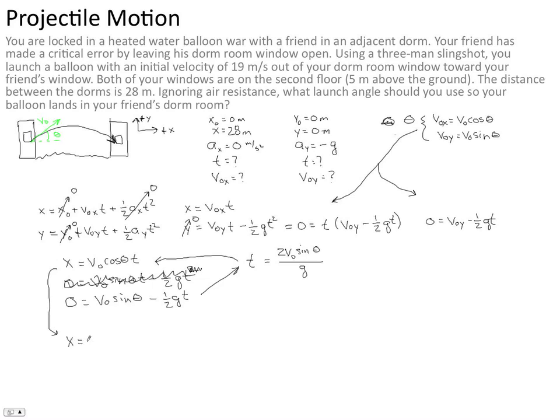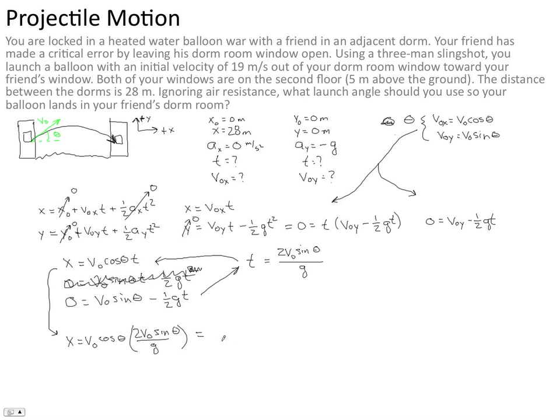x equals v naught cosine theta times 2 v naught sine theta divided by g, which equals, all right, almost there, I think. All right, stay with me.